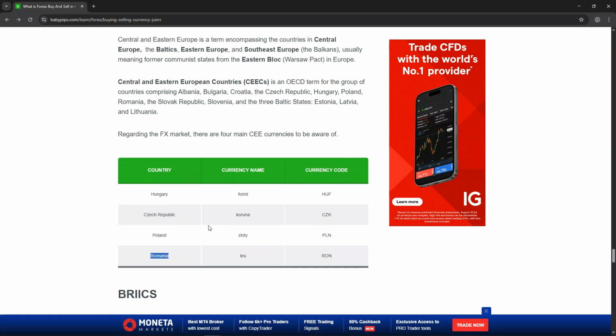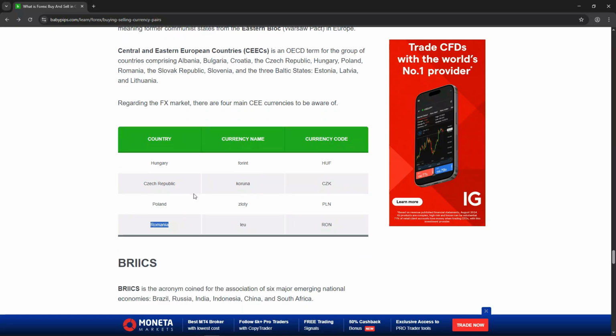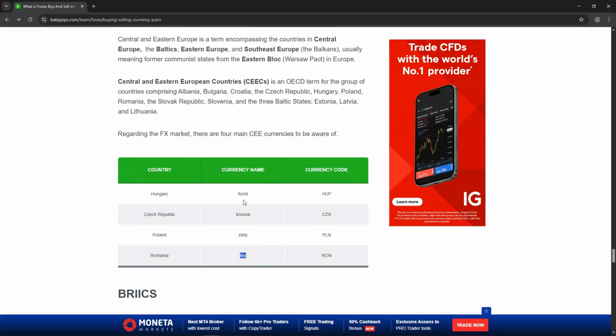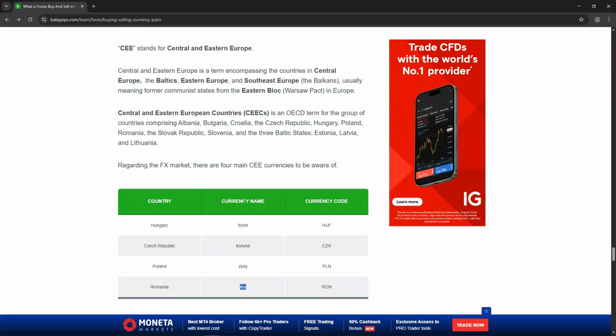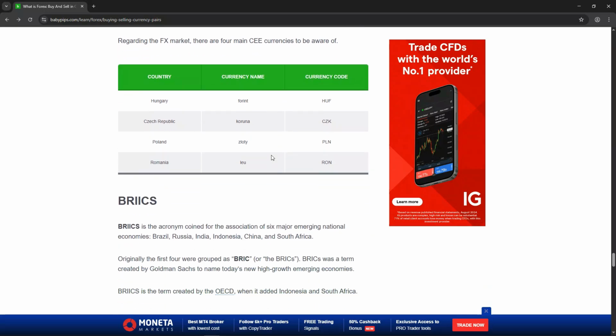Their currencies include the Polish zloty, Hungarian forint, Czech koruna, and Romanian leu. So CEE currencies, or the Central and Eastern Europe currencies, are just currencies from Central and Eastern European countries that are sometimes traded in Forex. All this information is giving you the general information about these currencies, so you don't have to worry about them.